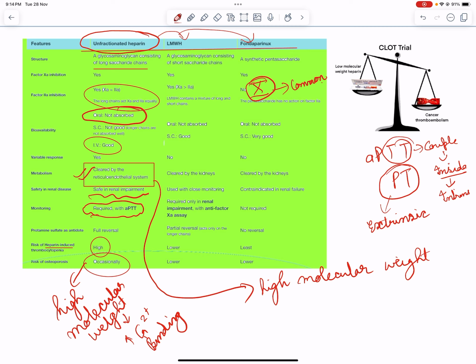How? Instead of putting it directly in the blood by IV, they started giving it subcutaneously, because subcutaneous absorption is slow but good, and it will not fluctuate the coagulation factor.